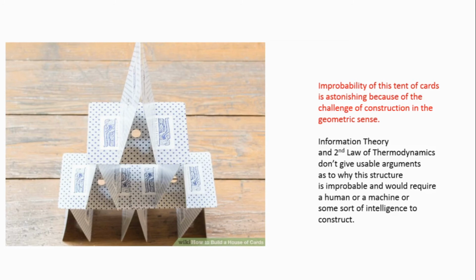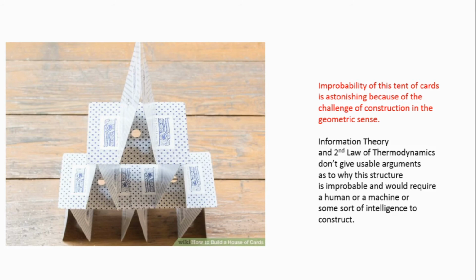So where am I headed with all this? Did I have to use information theory to show the improbability of these systems? No, we don't need information theory and the second law of thermodynamics to give us usable arguments as to why the structure is improbable and would require a human or machine or some sort of intelligence to construct. You don't need that. That would just muddle the issue.